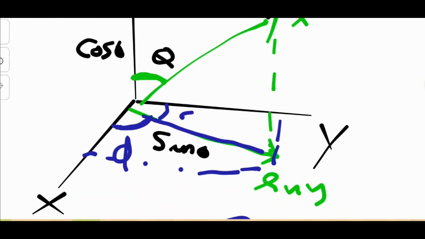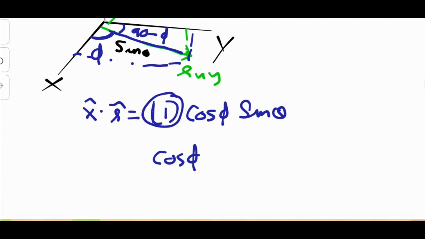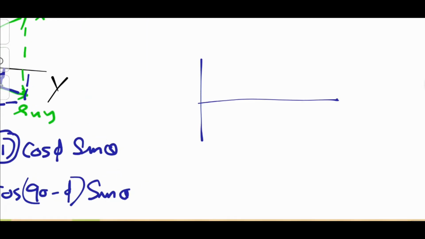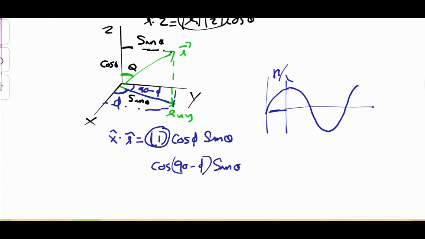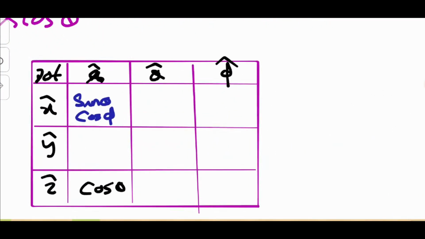This angle is 90 minus phi, right? So it is cos of 90 minus phi times sine theta. Cos of 90 minus phi, you have to shift the angle by pi by 2, so it will become a sine function. So it is just sine phi sine theta, just like that.